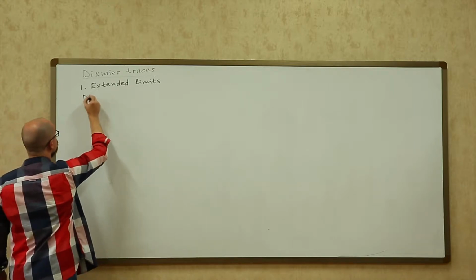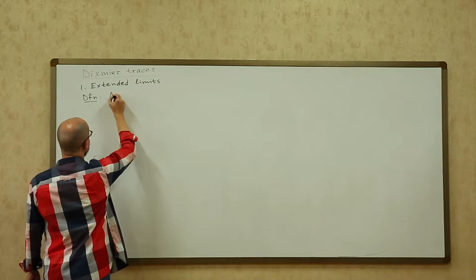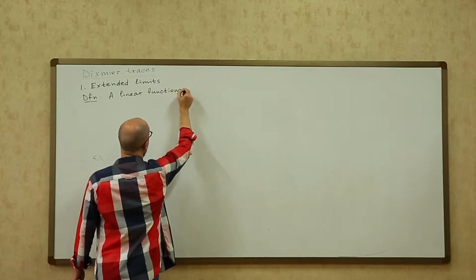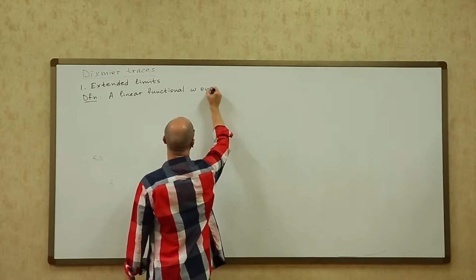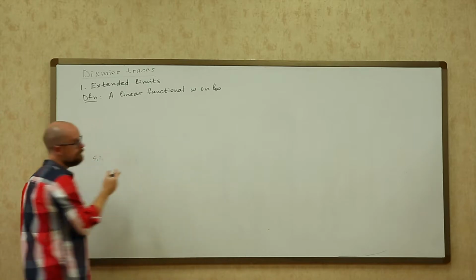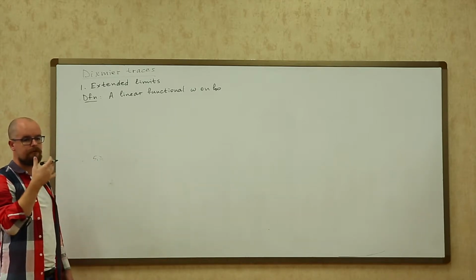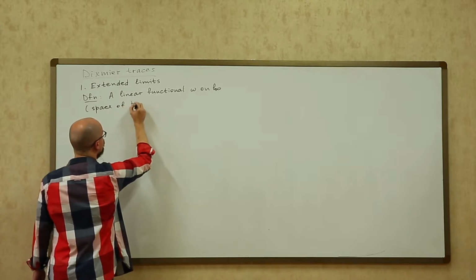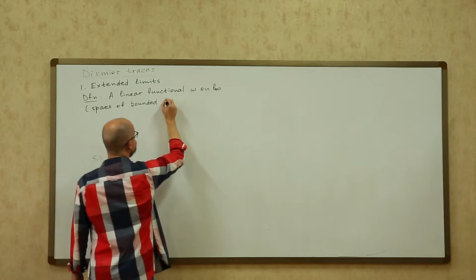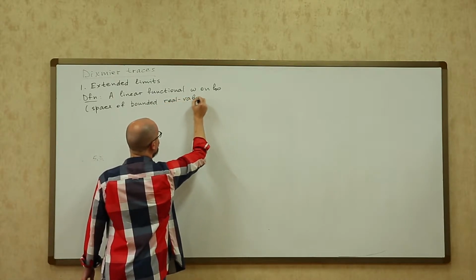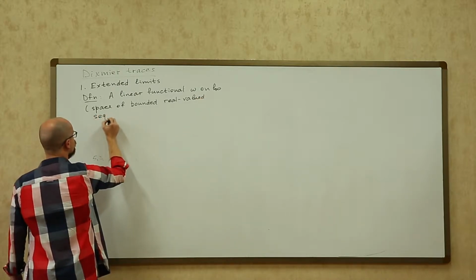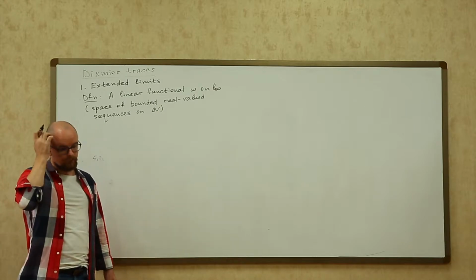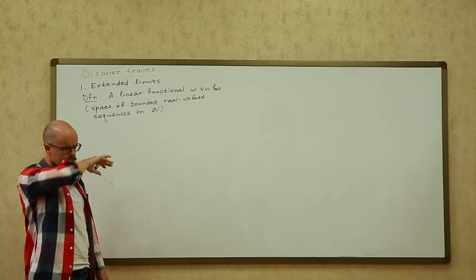So definition. A linear functional omega on L infinity, and L infinity is the space of bounded real valued sequences on this set of natural numbers with the supremum norm, with the uniform norm.